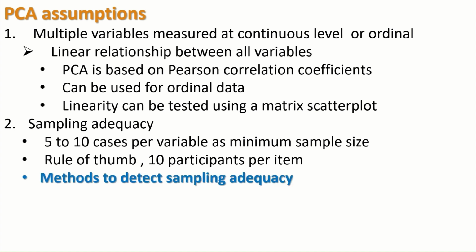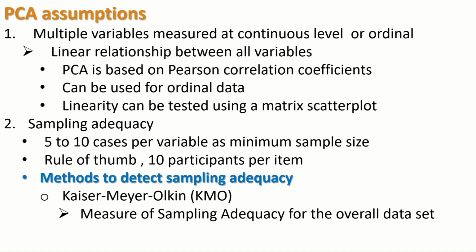The way to check whether there is sampling adequacy is to perform the Kaiser-Meyer-Olkin test, which measures the sampling adequacy for the overall data set.